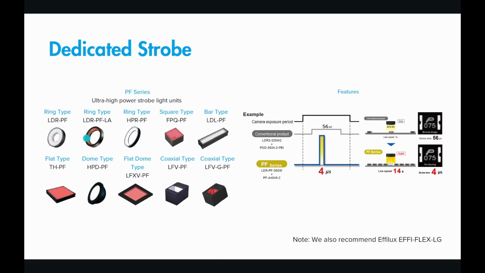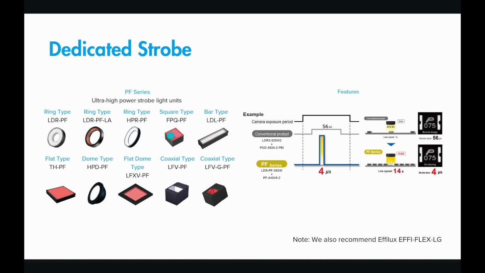You can do ring lights, low angle ring, the FPQ, bar lights, backlights, dome, coaxial, and flat dome lights. We also have the FE Flex LG light, which is their version of a strobe bar light. So these two, it's the bar light of the PF series and the bar light of the FE Flex LG light. Again, similar results to each other.